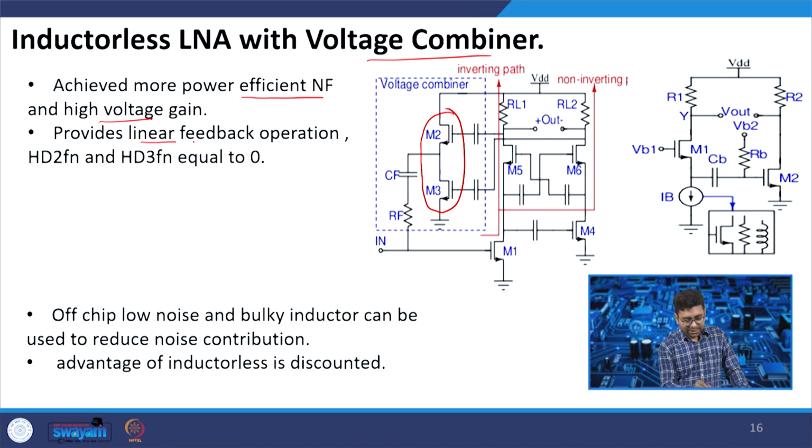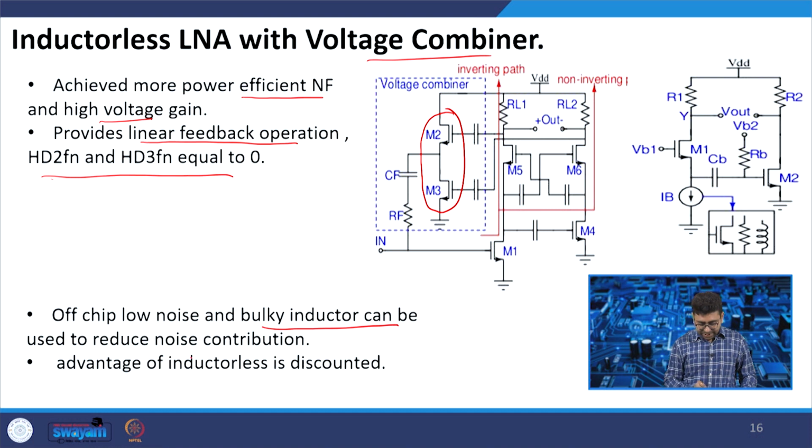It provides linear feedback operation with second order and third order equal to 0. An off-chip low noise and bulky inductor can be used to reduce the noise contribution, though the advantage of inductorless is then discounted. Here there is an inverting path and a non-inverting path, and they will be combined so that you get the final output.